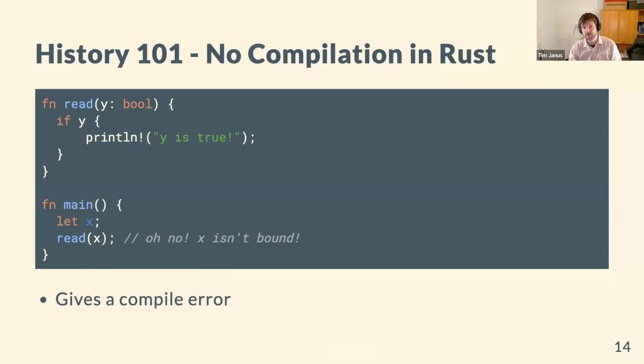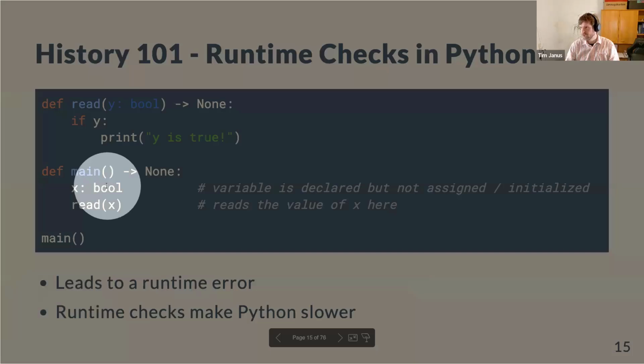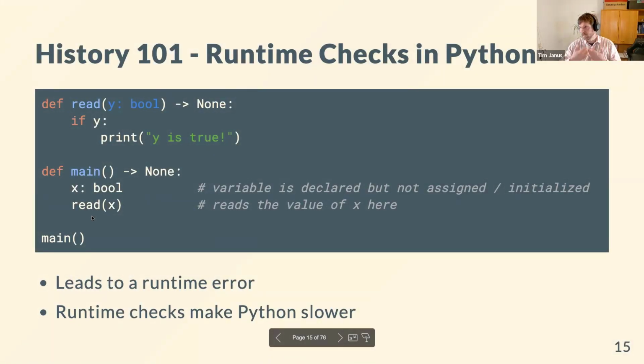If you come from a different language like Python, you could have a similar program where there's a variable without a value, so not defined yet. And then you get an error at runtime when you execute the code in your interpreter.